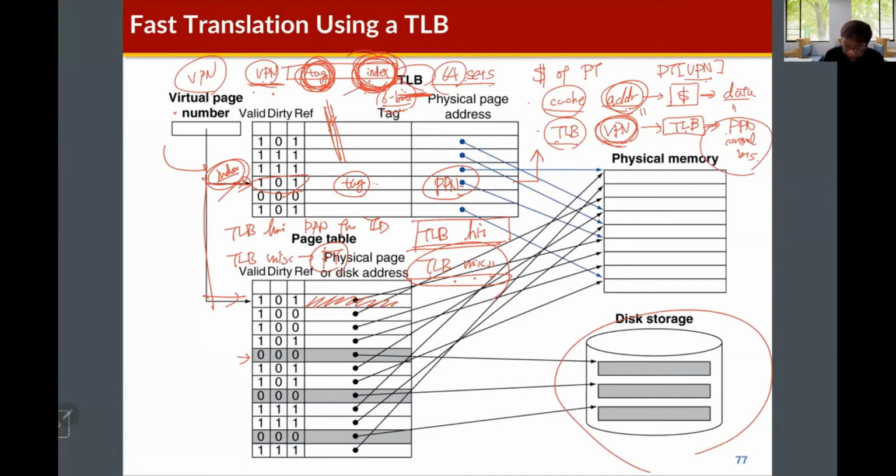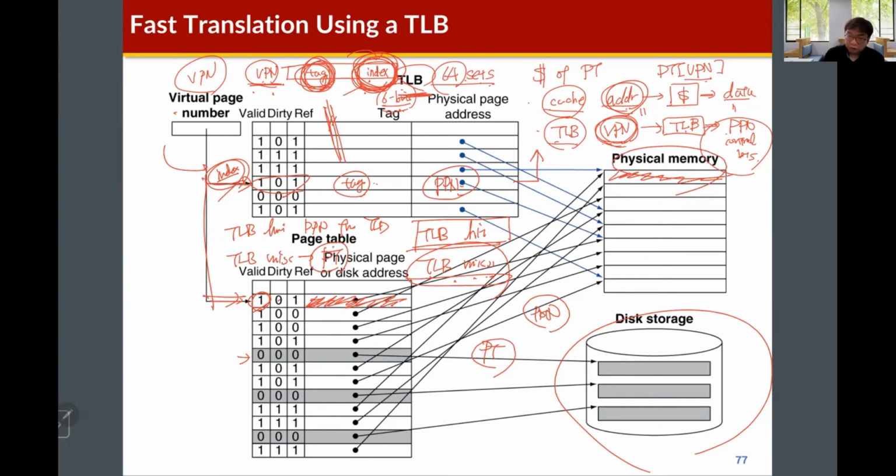So when the TLB is missed, then we need to access the page table. And if this mapping information is valid and found in this page table, then we can get the PPN, which means that this page exists in the physical memory.